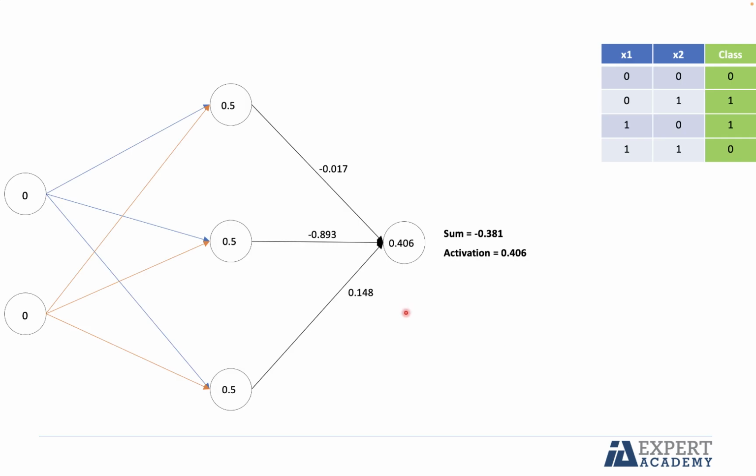Now let's see the calculations in detail. The first one we need to do is the delta for the output layer, and only after that we will do the delta for the hidden layer.